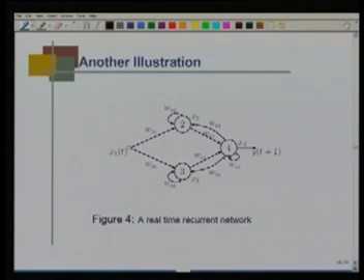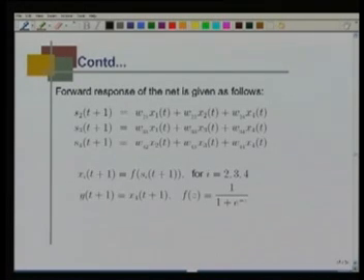Similarly, W34 is a connection weight from 4 to 3, and of course W33, W22, W44 they are all self feedback, and these connections all have single delay. We assume that all these connections are single delay. Okay. So, based on that assumption we will write what is the forward response of the network.